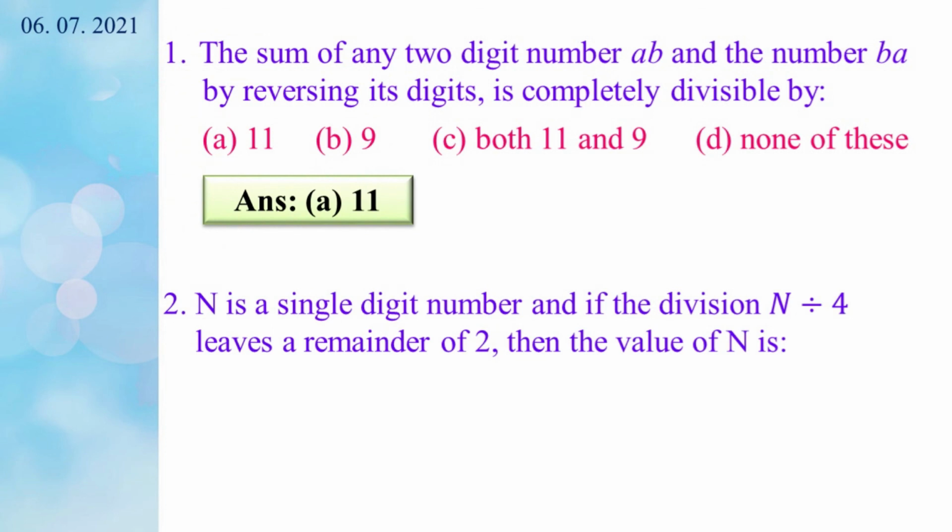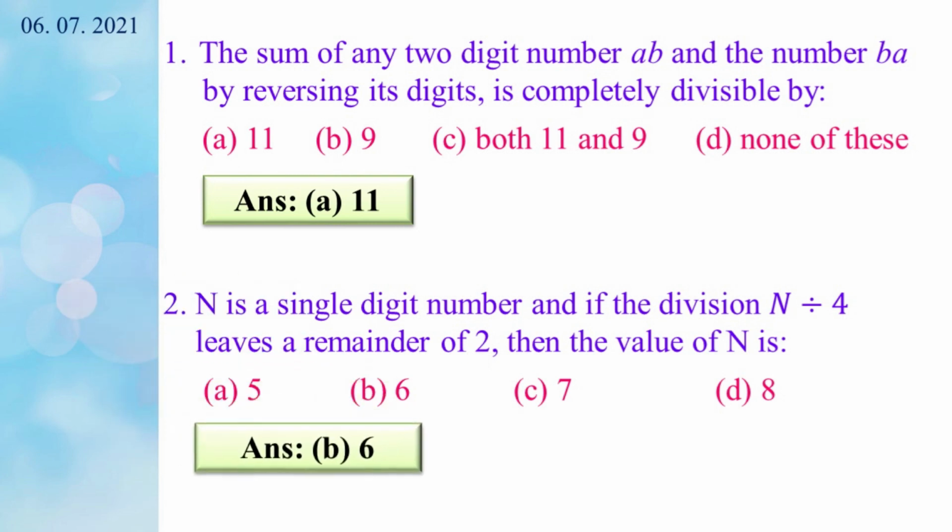Second one, n is a single digit number and if n divided by 4 leaves a remainder of 2, then the value of n is option A 5, option B 6, option C 7, option D 8. What is the correct answer? Yes, option B, 6. 6 divided by 4, the remainder is 2.